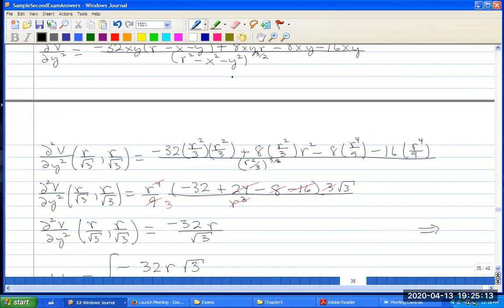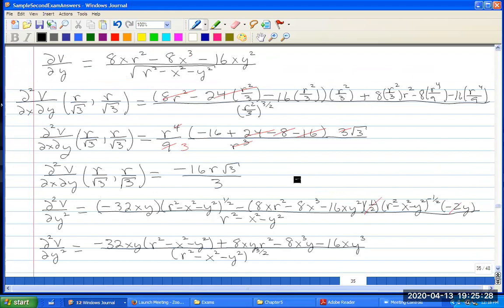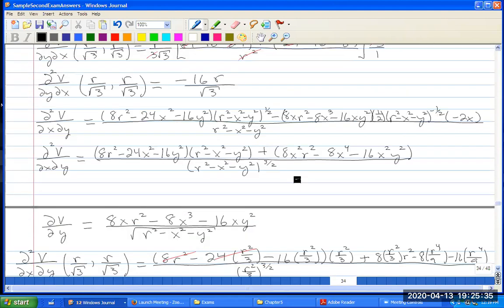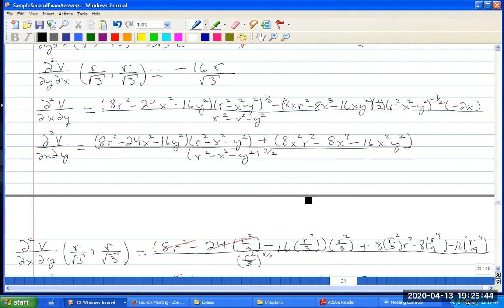Okay, there it is. They're both of this form. Okay, come on. Just don't freeze totally. Oh, I have to get rid of this guy anyway to clean it up. Minus 16r over rad 3.